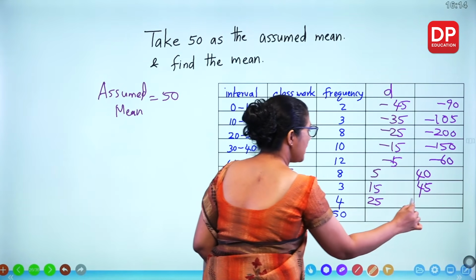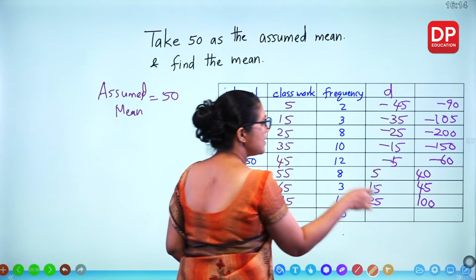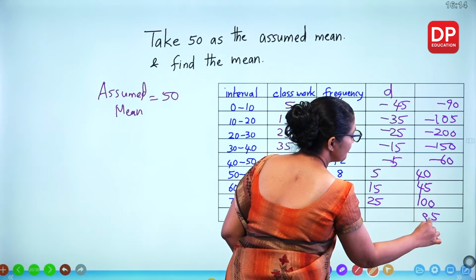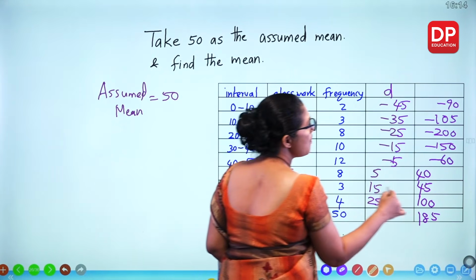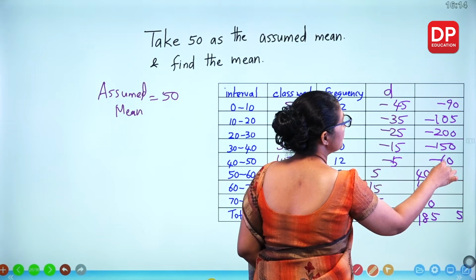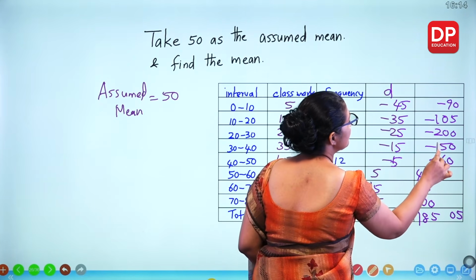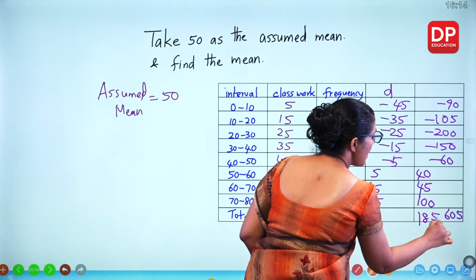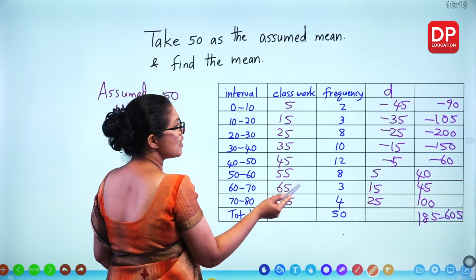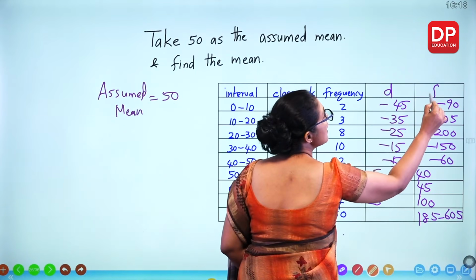Then 45 and 100. Now add the positive numbers, you get 185. Negative numbers, minus 605. So here we'll do the calculation. This is sigma fd.